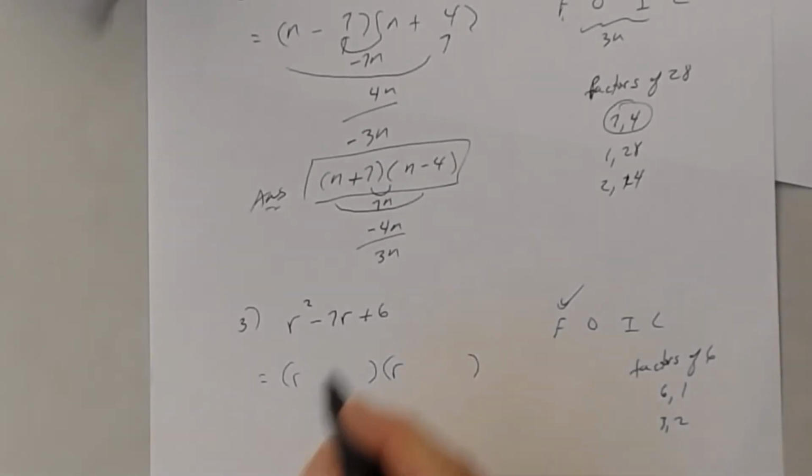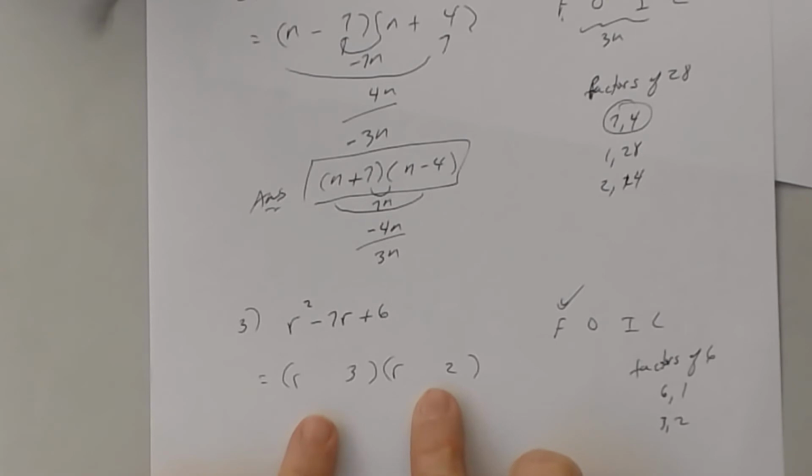All right. So let's put 3 here, 2 here, see what happens. All right, think of the last sign. What is the last sign of my trinomial? Positive. All right, so all of you should now know that since my last sign's positive, these signs inside the parentheses better be the same. And it will always be the middle sign.